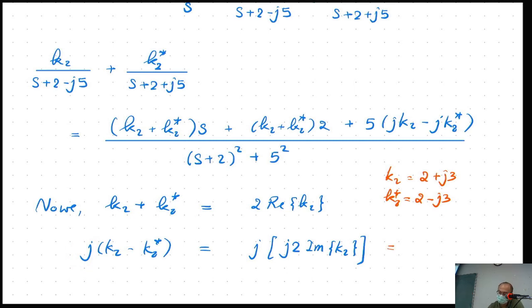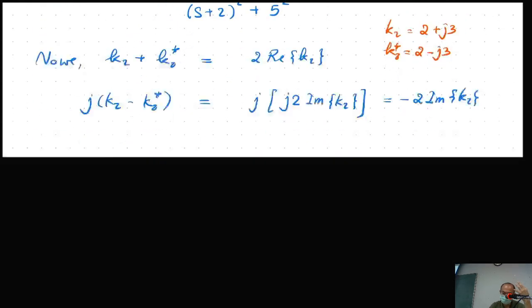So that is equal to -2 times the imaginary part of K2. And that is this term. That is the last term. So you see that all of the three terms here are real numbers.